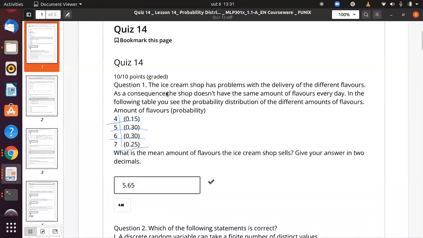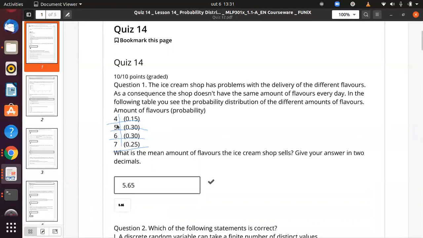I think they said that the ice cream shop has problems with delivery of the different flavors. As a consequence, the shop doesn't have the same amount of flavors every day. In the following table, you see the probability distribution of the different amounts of flavors. 4, 5, 6, 7 are the amounts of flavors.